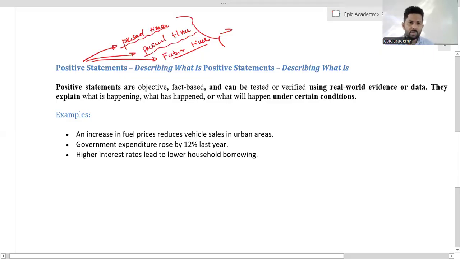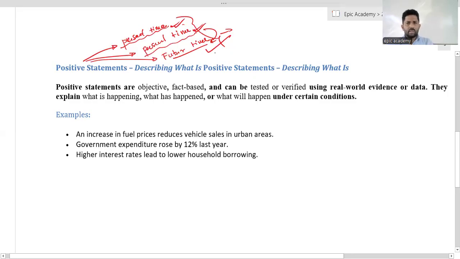If you include real world data and real world evidence for the positive statement, the statements about the past time period and present time period must be correct. According to that data, if we forecast what will happen in the future, it also must be good.